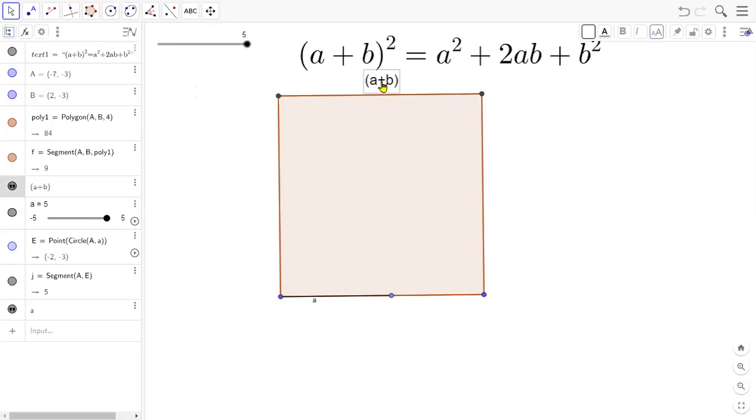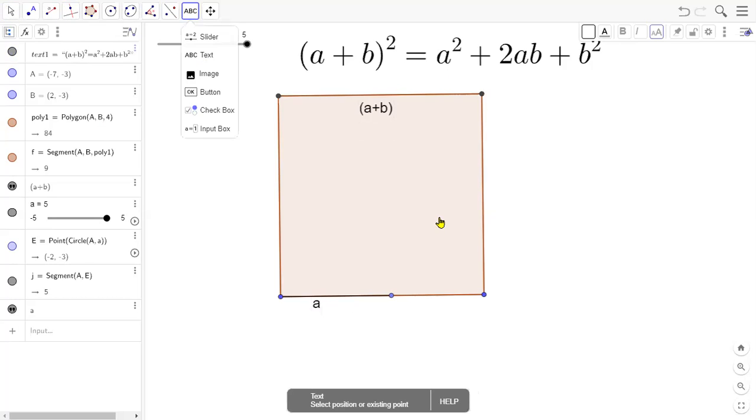This side length is just a plus b. Here this is a unit. The total is a plus b, so the remaining will automatically be b unit. Let me type here that the next segment is the b unit.